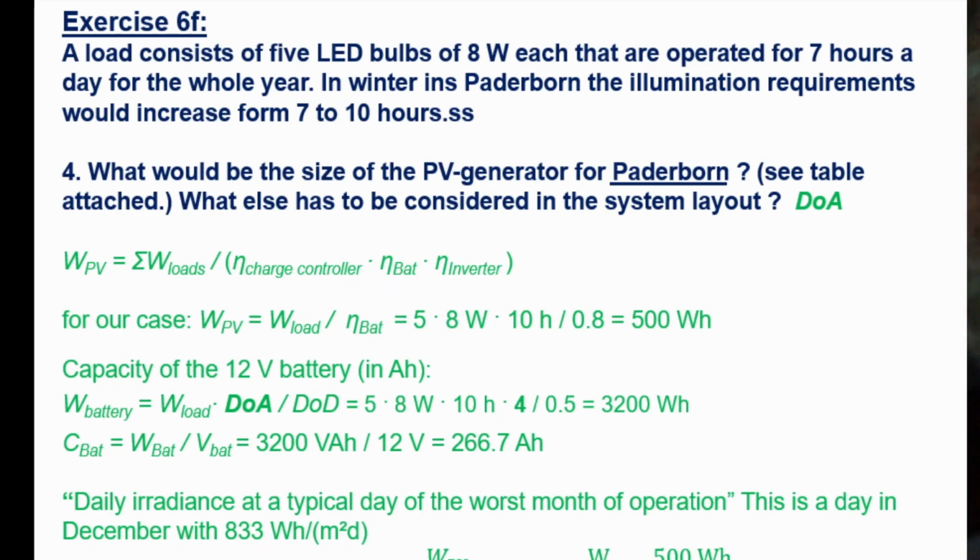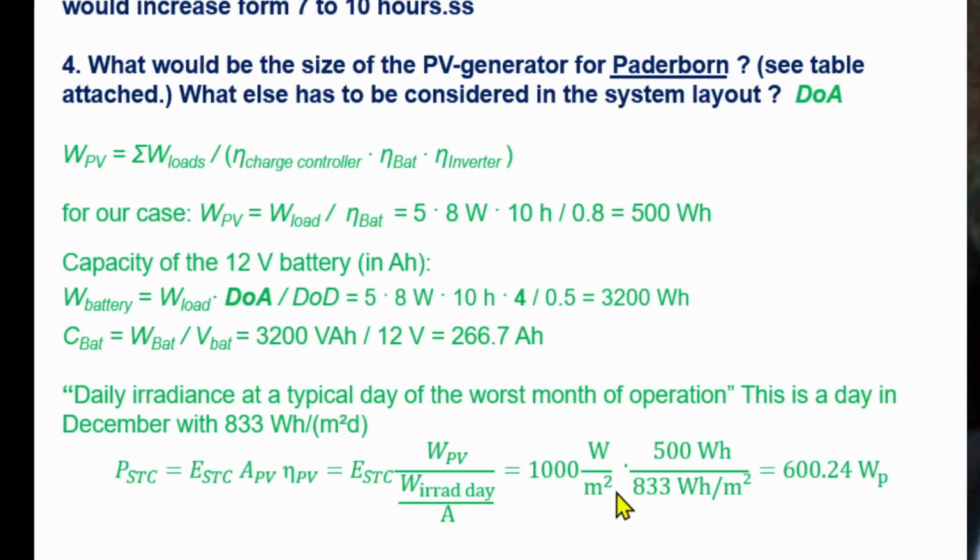And it's not a day in June, but it's a day in December, because here we have 833 watt hours per square meter per day only. The days of autonomy don't play such a big role for the size of the generator because it's leveled out, but for the battery it would play a role. But you see it's considerably bigger, so this is 4 to 5 times bigger than the necessary size for Porto Alegre.